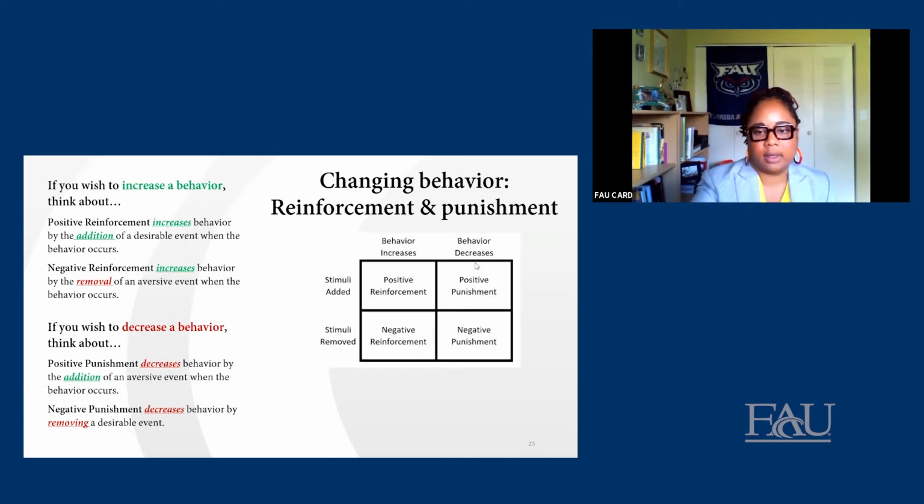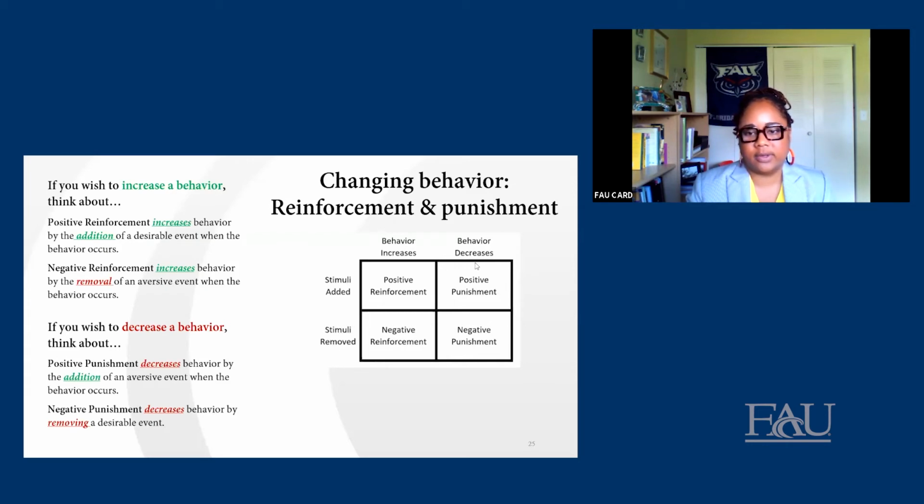But here's a matrix for thinking about how each of these systems work to either increase or decrease behavior. If you want to increase behavior and you add a stimulus, that system is called positive reinforcement, right?